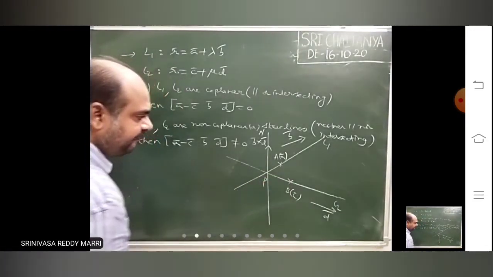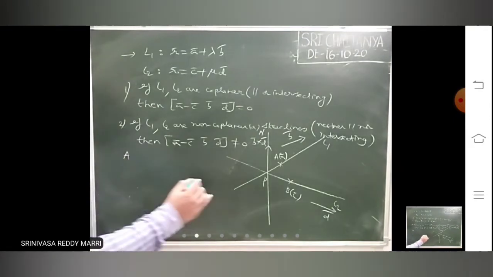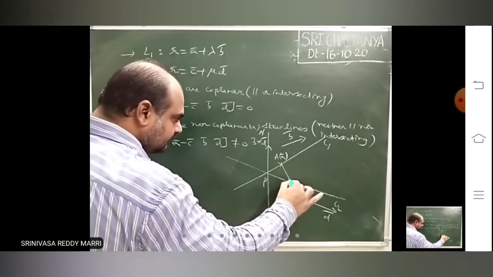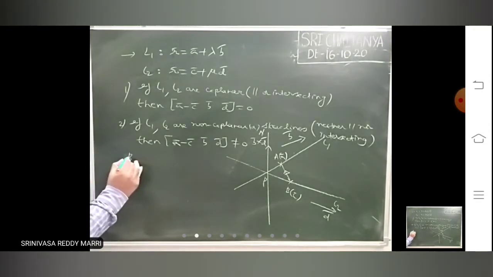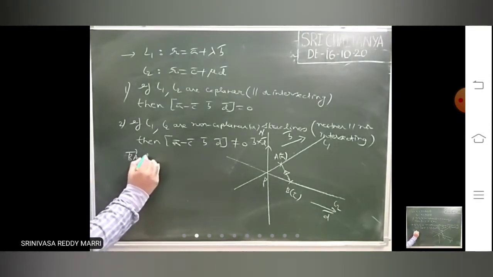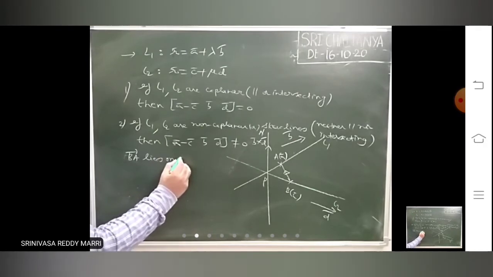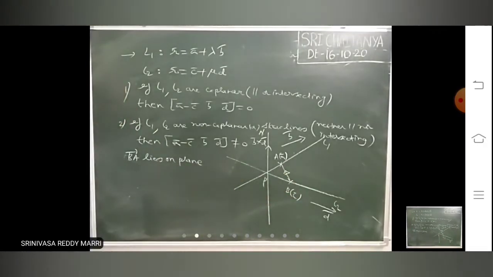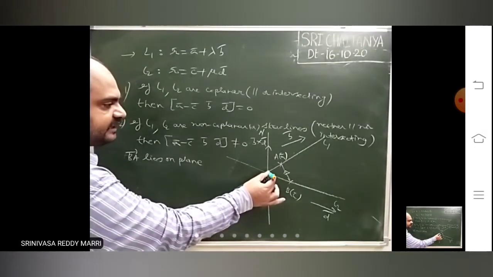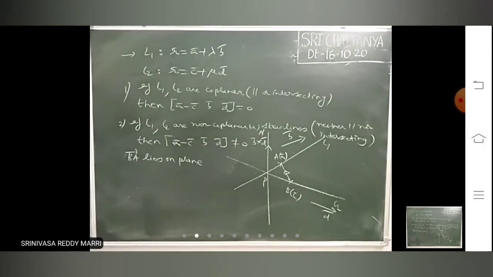Now look at the BA bar vector. I am joining this and this. The BA bar vector will lie on your paper. You join them. BA bar lies on the plane. BA bar is a vector which is lying on the board. This b cross d is not on the board, it is outside the board. That means normal.